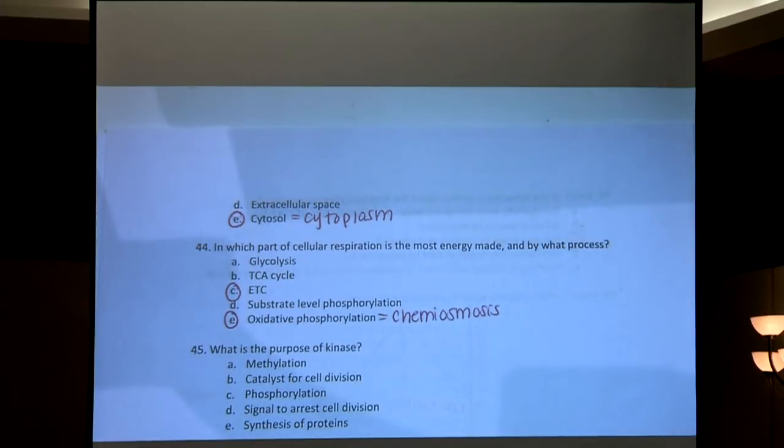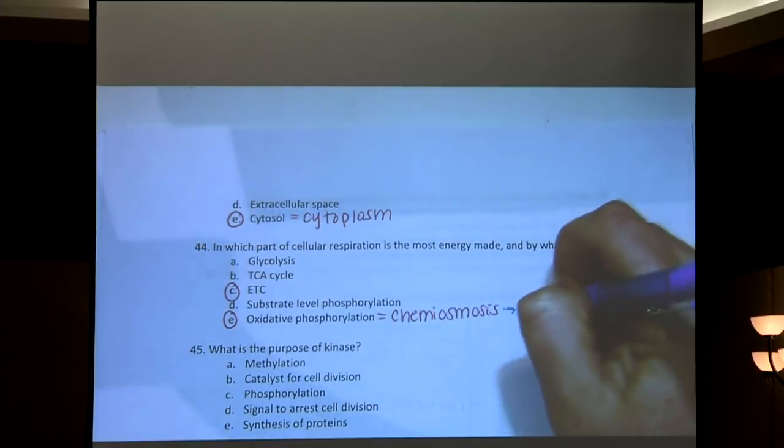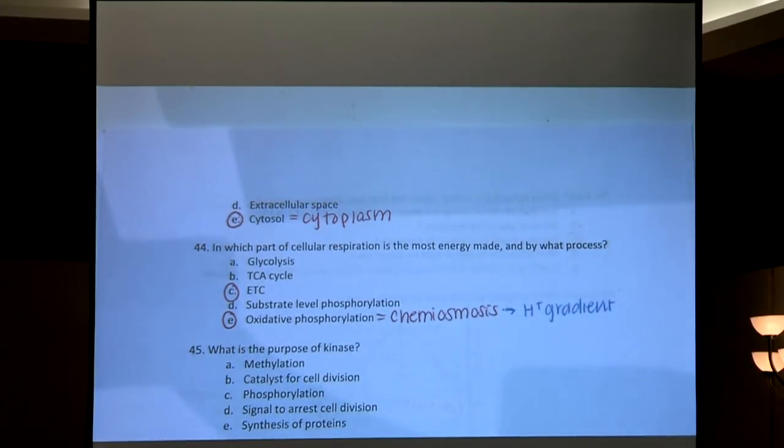And this is referring to the flow of our hydrogen ion gradients, all right? So it's referring to the osmosis for our chemical, in this case our hydrogen ion. So our chemiosmosis is the same thing as our oxidative phosphorylation, okay?